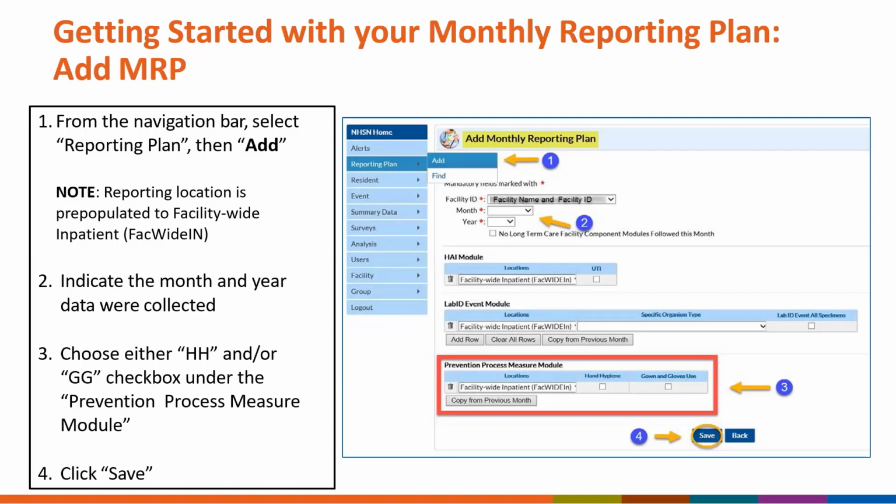And I must mention your reporting location includes all facility-wide inpatient units within your facility. 2, you would indicate the month and the year of what you're collecting. And 3, you would choose the hand hygiene, gown and glove checks box under the Prevention Process Measure module. And then you will click Save for your entry for the monthly reporting plan.